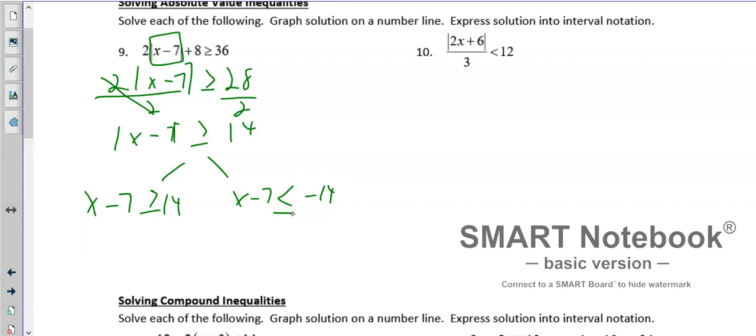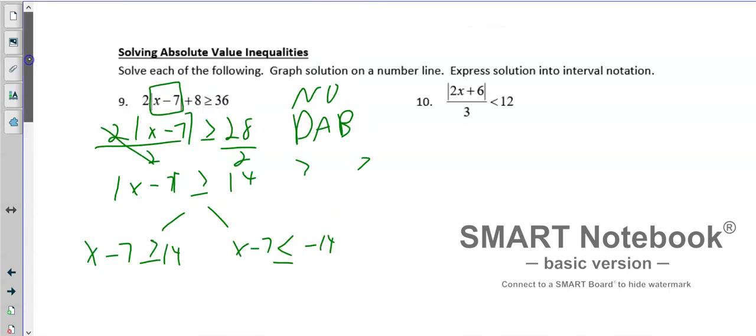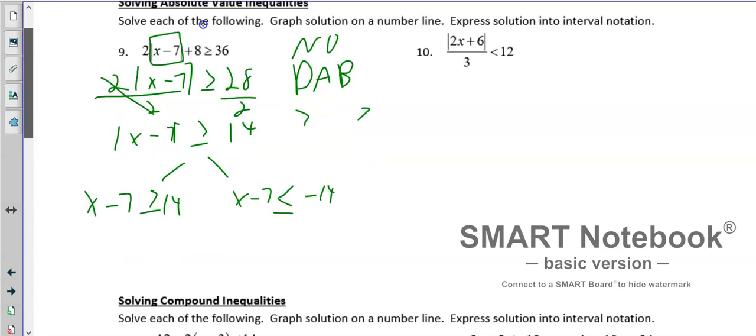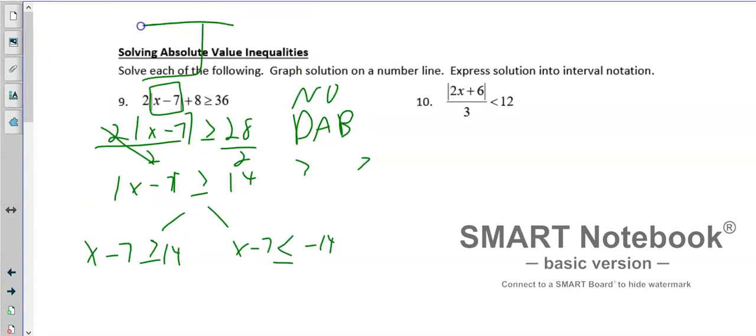Remember, these are the ones where we're going to have no dab. So when you're done, you should not have two statements going the same direction. Okay? They should look like something like this.